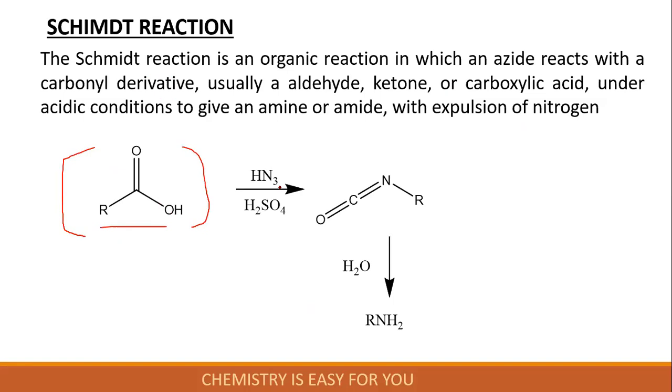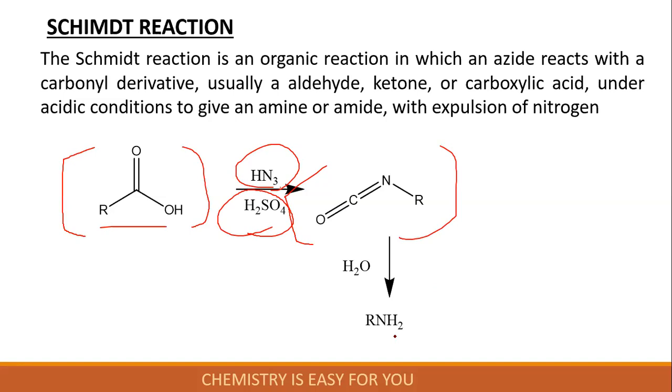So this will react with an azide, HN3, in presence of acid, which is sulfuric acid here, and it will give an isocyanate, which will further react with water to form amine. And instead of water, if we have some other reagent, according to that we will have amide or amine. If it is water, definitely we will get a primary amine.